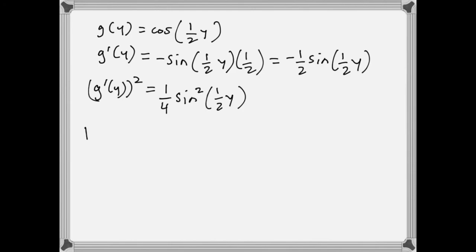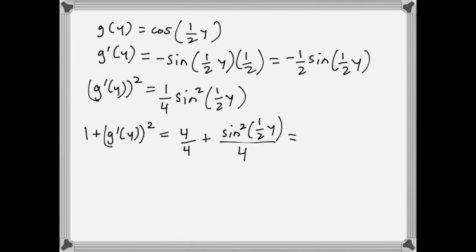Next, we're going to add 1 to this. When we add 1, let's combine common denominators, because I have 4/4 plus sine squared of 1/2 y over 4. So that's just going to equal 4 plus sine squared of 1/2 y all over 4.